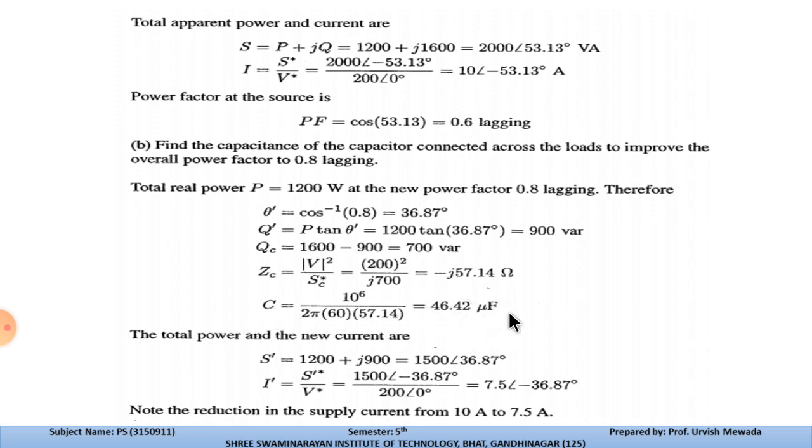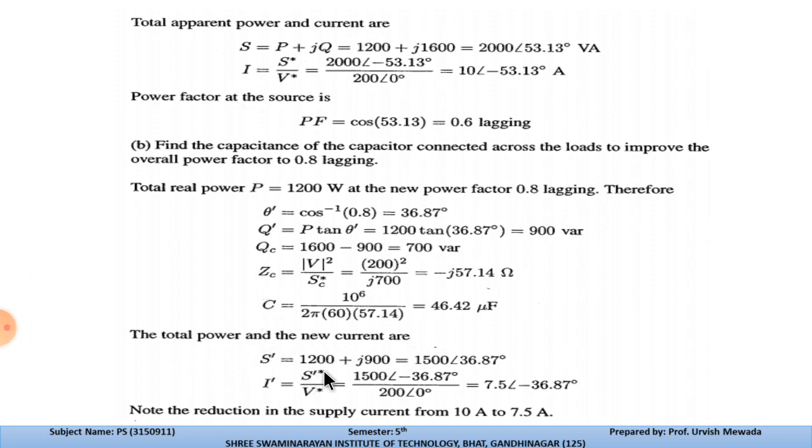So the value of capacitor which is required to compensate this VAR, means 1200 VAR up to 700 VAR, to improve the power factor from 0.6 lagging to 0.8 lagging. Now the total power and the new currents are, so S will become S dash.